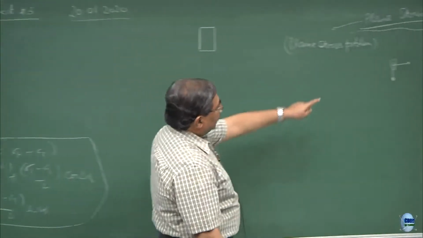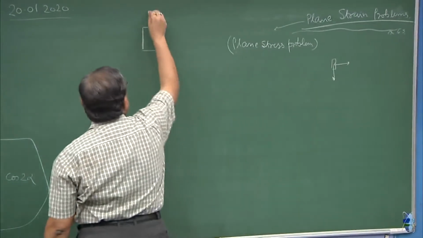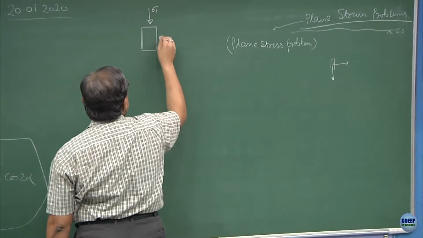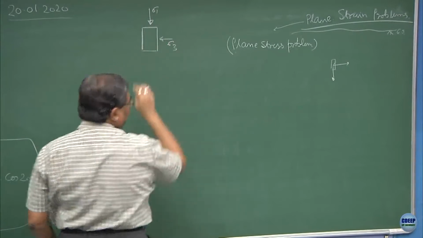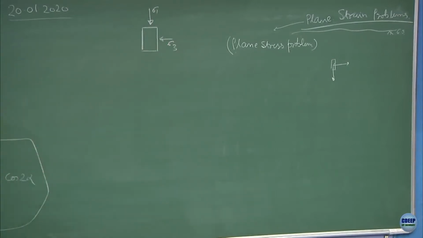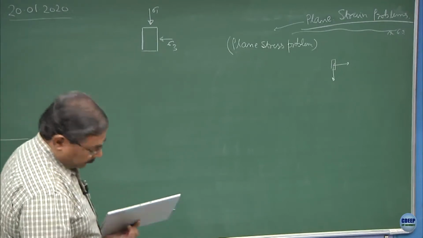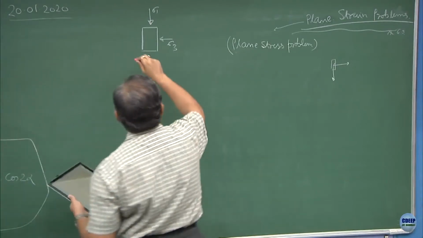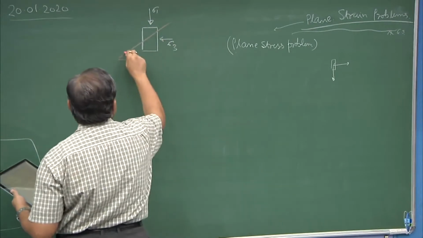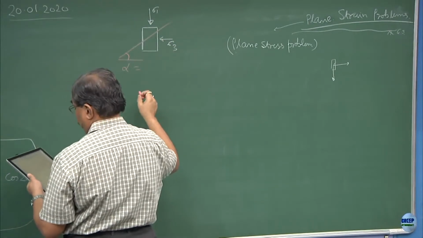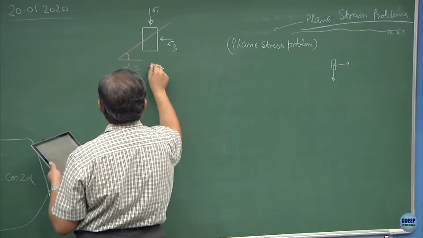So if I take out this element and show here sigma 1 and sigma 3, the statement of the problem is: find out the state of stress at this plane, which is inclined at an angle alpha of, let us say, 35 degrees.